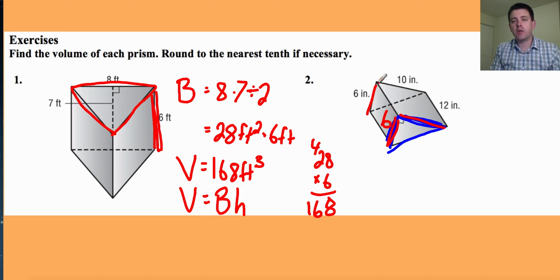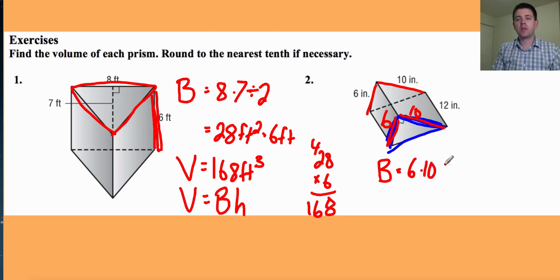This edge here matches this back edge here, which is 10. So to find the area of the triangular base, I'm going to do 6 times 10 divided by 2. Don't forget that divided by 2 is the biggest mistake we can make with triangular prisms, is just forgetting to divide by 2. 6 times 10 is 60, divided by 2 is 30.